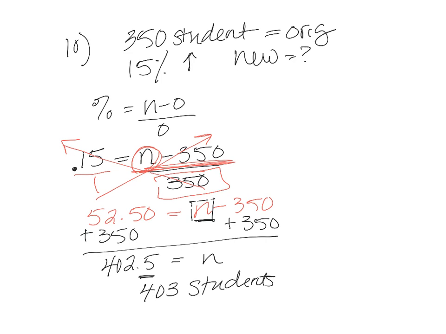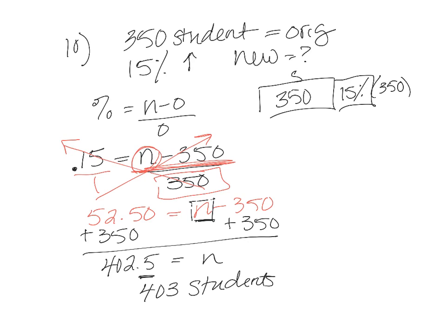Okay, there is another way to do this. You could say that you had 350 kids and you're adding 15% of that 350. These are students, and you're adding 15% of students. So you could write it as 350 plus 0.15 of 350.